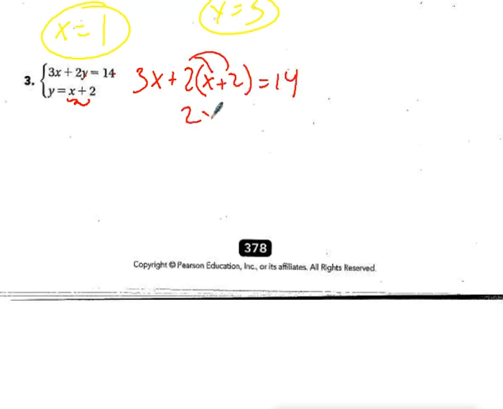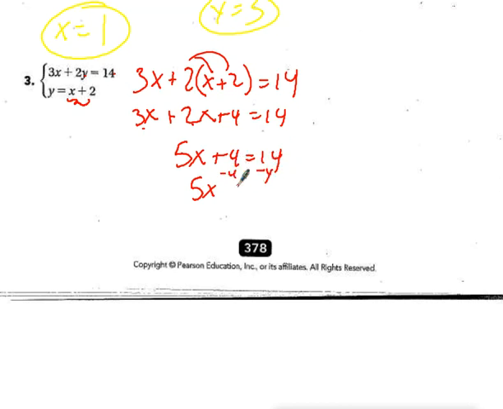Distribute. So I get 2x plus 4 is equal to 14. 3x plus 2x is 5x, plus 4 is equal to 14. 5x is equal to 10. So x is equal to 2, because I divide both sides by 5.